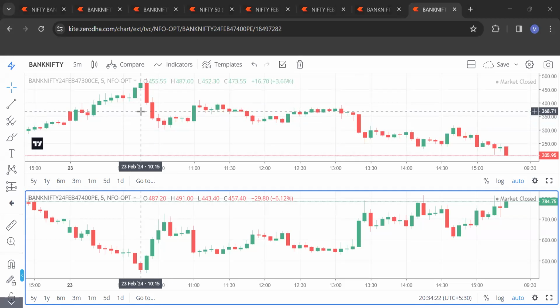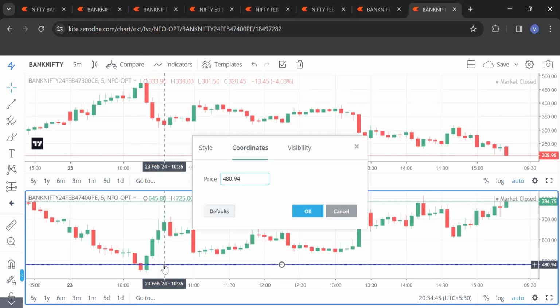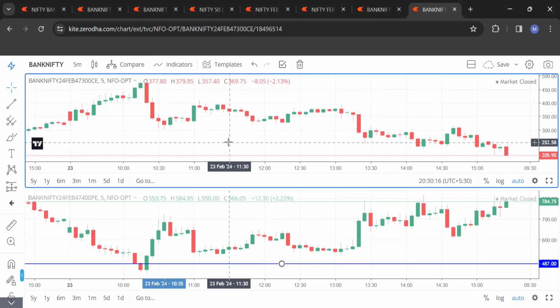Okay. So what you do, you just consider the strikes near to the SPP and now you will swap. As simple as that. So you will swap 487, the high of this, onto this 487. I'm just considering high because that had shown it.